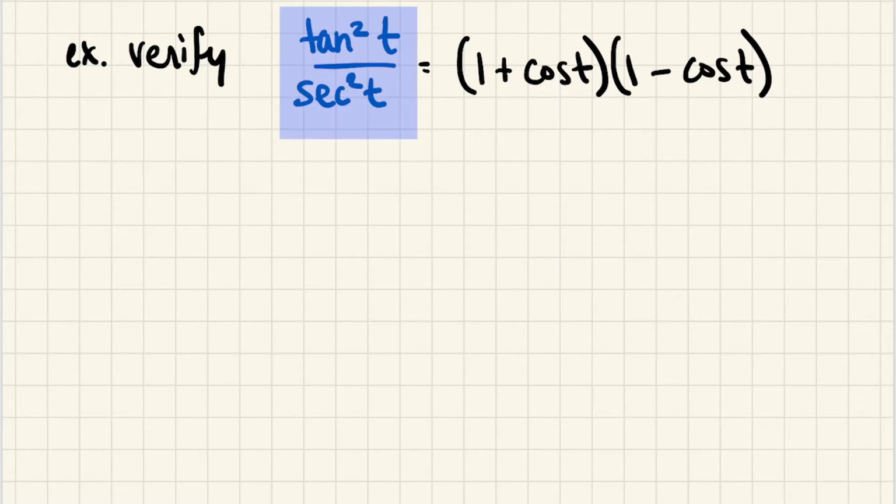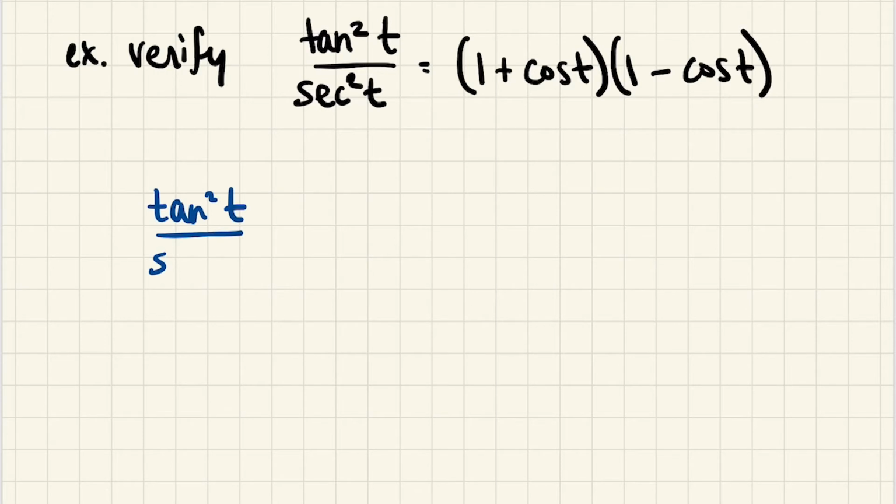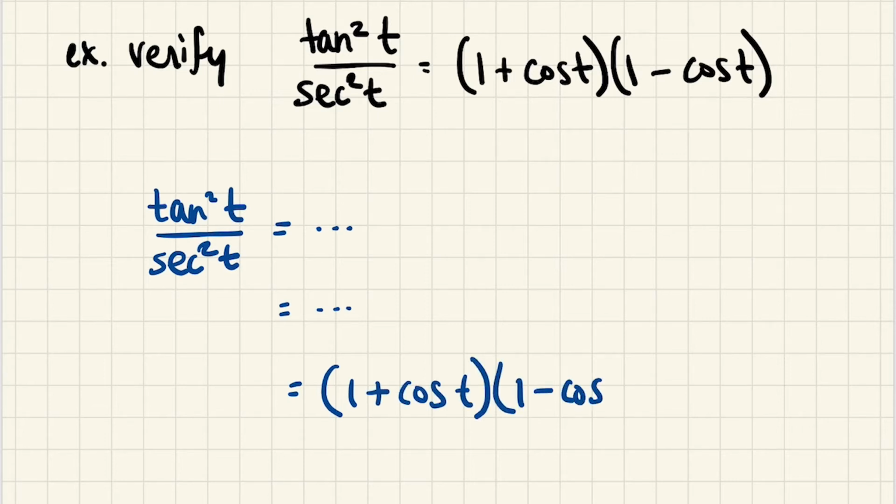If we were to start with the left-hand side, which I don't think is a great idea, keep in mind that we would be starting with tangent squared over secant squared, and through a chain of equalities, somehow we're supposed to end up with this. Now, in order to get this final form, that means that somewhere along the way, probably toward the end, we would have had to start factoring, because this is a factored expression.